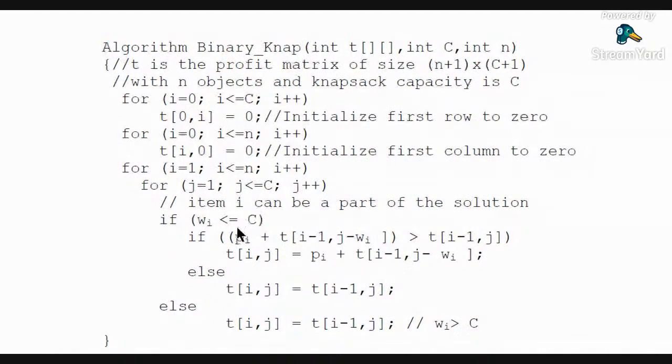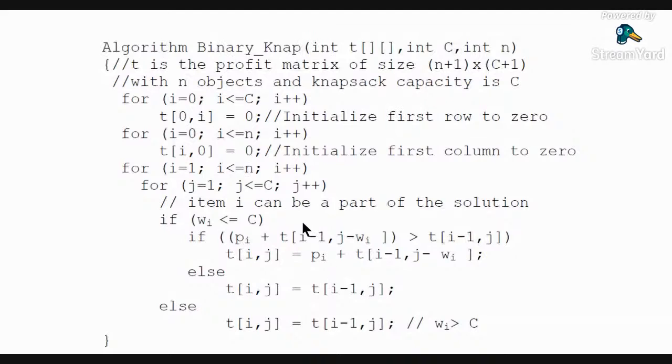Wi is nothing but the weight of this particular object, so that we can check if this entire expression is greater than Ti minus 1j, then only there is a chance of inclusion of this. So here the considered knapsack capacity plays a very important role. The considered knapsack capacity is j, but what I am checking is j minus Wi. So j minus Wi is nothing but the scope of consideration of the ith object.